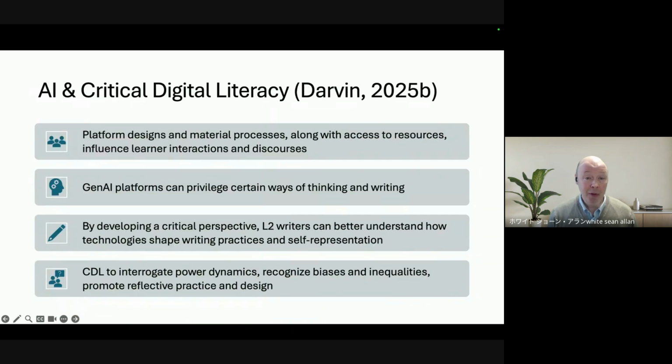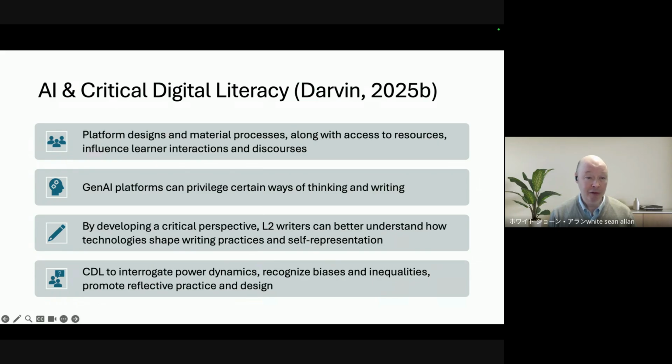Another Darwin paper, we saw him before with the investment and identity investment model, but he has another paper on critical digital literacy. And some of it repeats, but this idea that platform designs and material processes, along with access to resources, influence learner interactions and discourse. So how platforms are designed then, again, is going to present all sorts of issues for users, right?